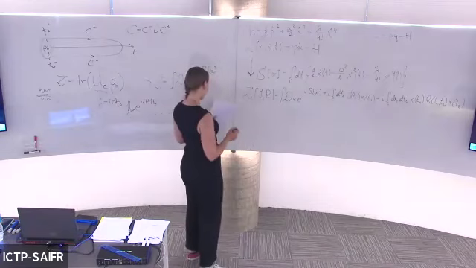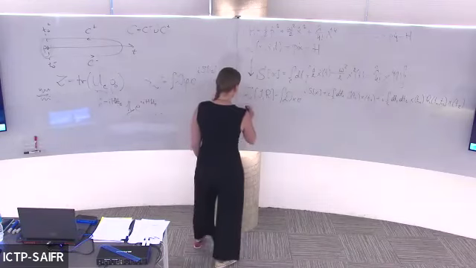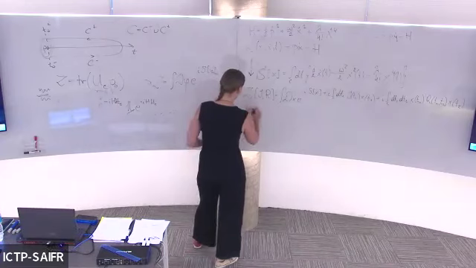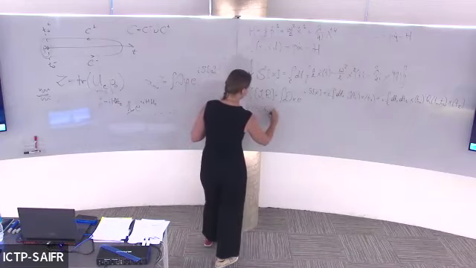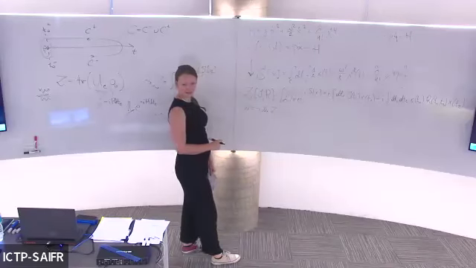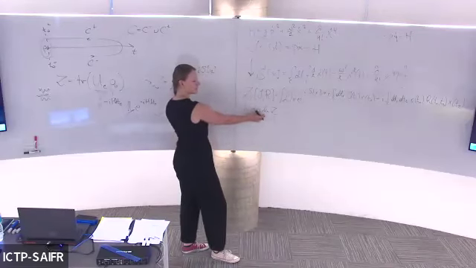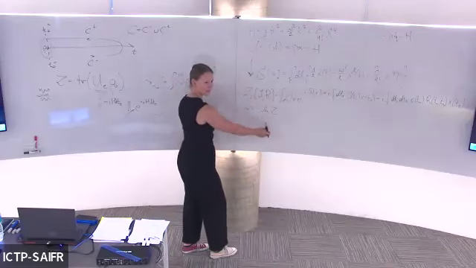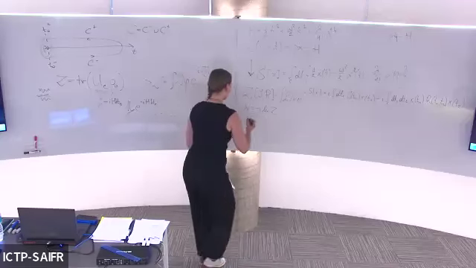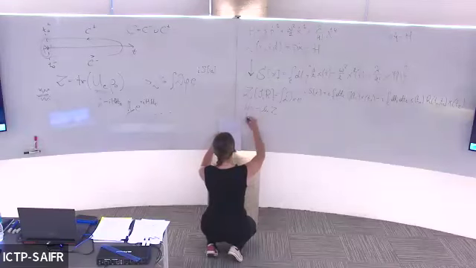Good, so generating expectation values. We define this function because we want normalized expectation values, right? So now it gives me 1/Z derivative of Z. And I get my derivatives with respect to sources.